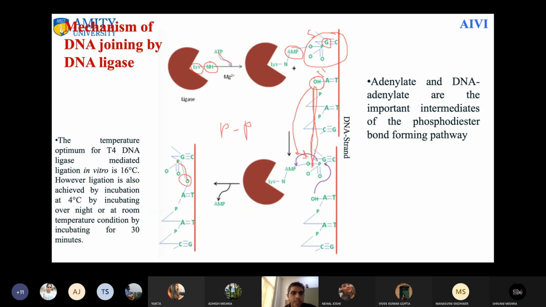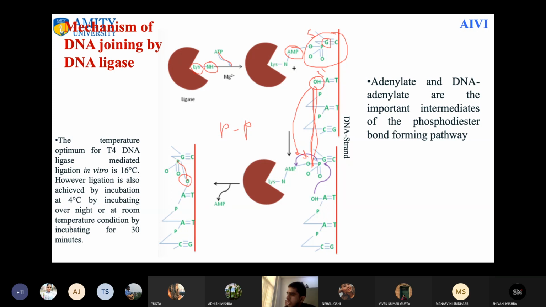So one more important thing about the properties of DNA ligase is the temperature optimum. As we all know, most enzymes have a temperature optimum of 37 degrees Celsius, but in the case of DNA ligase, it has an optimum temperature of 16 degrees Celsius.